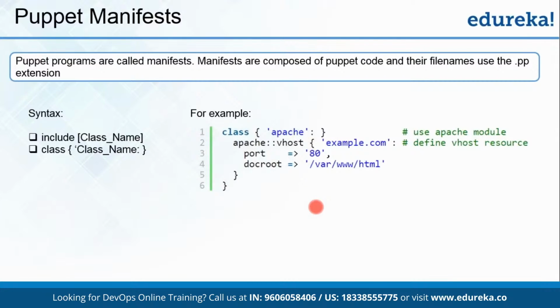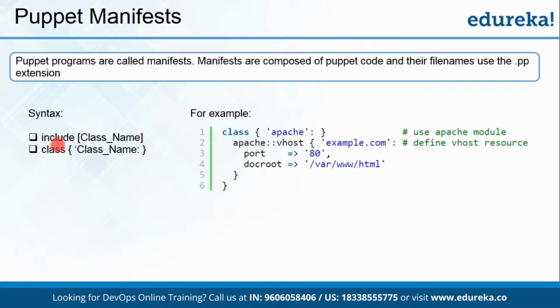All right, so you can see I've given you an example over here. It uses a class called Apache, and this class is defined with the help of predefined modules that are there in Puppet Forge, and then various attributes like the virtual host, the port and the root directory. So basically there are two ways to declare a class in a Puppet manifest.